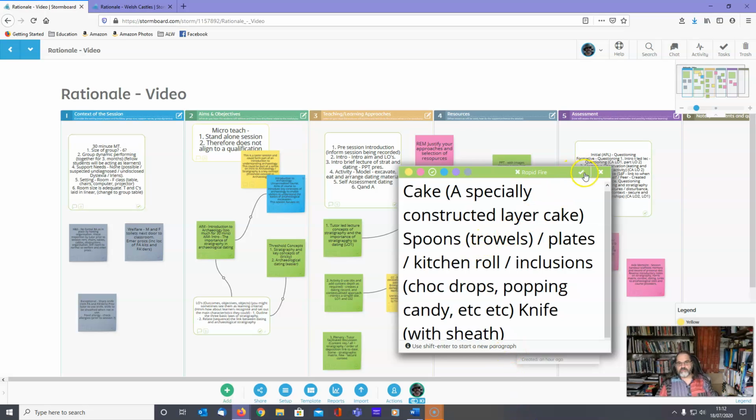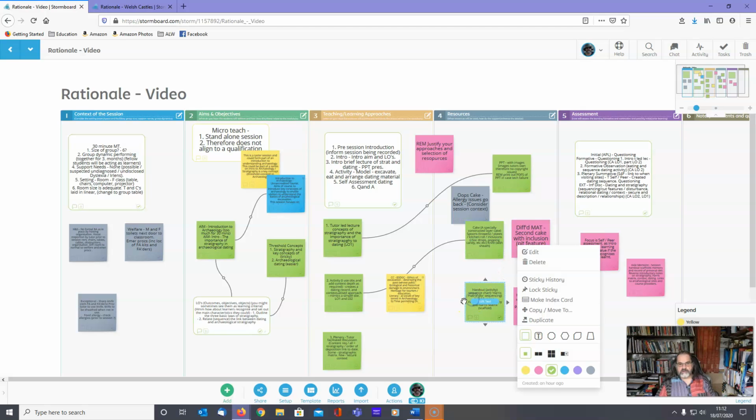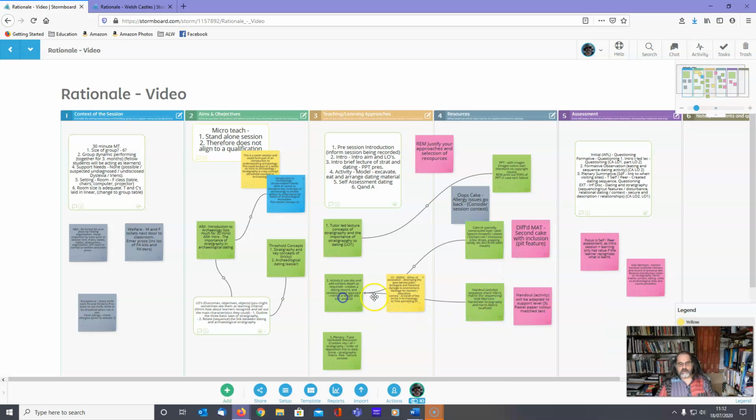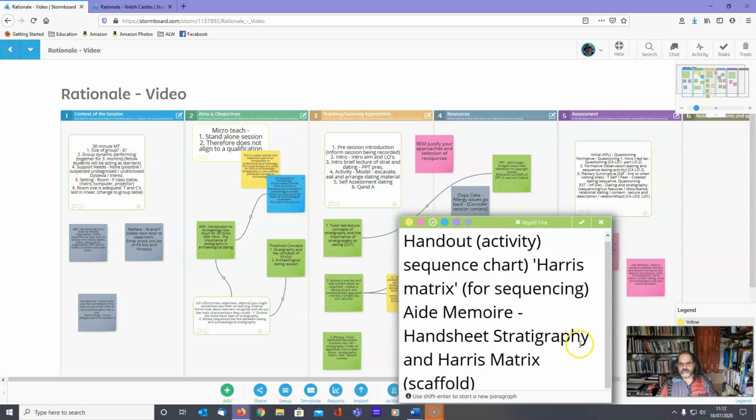So we need all of those, but I'm also going to need a handout, because just like that it's a bit hard. What I've got is this handout, which is a sequence chart based on something which in archaeology we call a matrix. It will also double up as a handout after the session, with notes on the back that we'll look at.